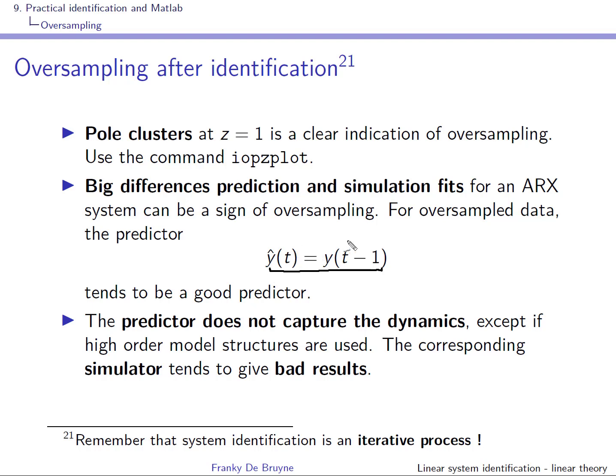Basically, the underlying models will not have captured the actual dynamics, and this explains why the simulation fits will be really bad, right? So there will be a big difference between prediction and simulation fits, and this is a clear sign of oversampling.